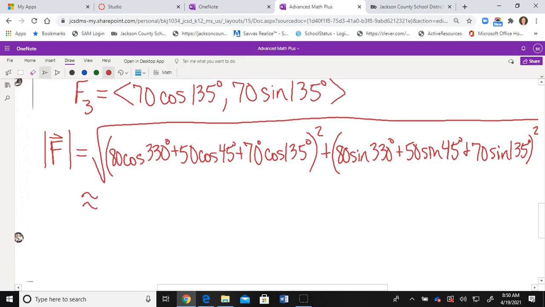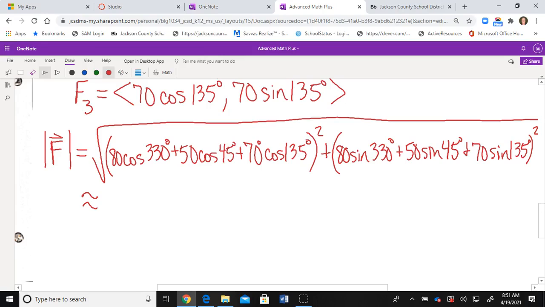You could, if you so choose to, because all of these are the hand angles, okay? Like 330's reference angle is 30, 45 is its own reference angle, and 135's reference angle would be 45 as well? Yes. 90 plus 45.